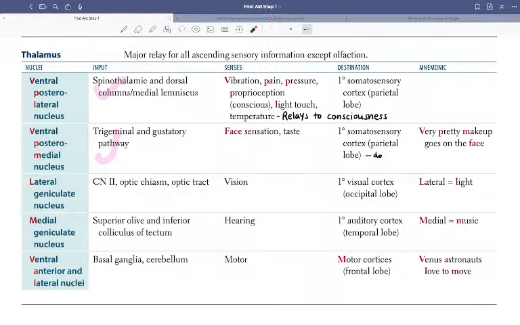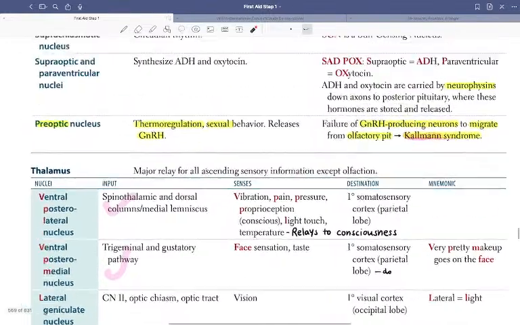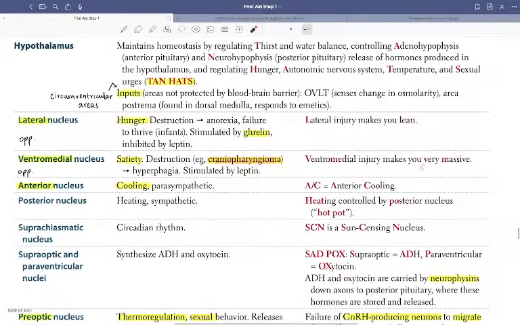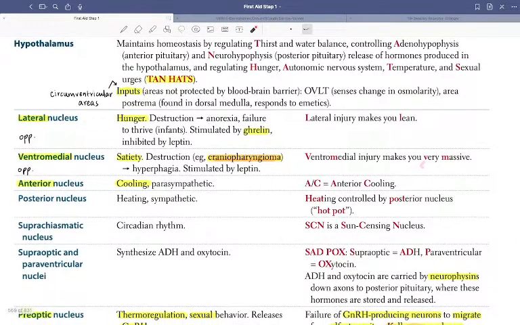So the sleep part that we did, and one more thing about the hypothalamus. We have ghrelin, leptin, all that we went through, right? And appetite, so that was pretty simple. Another thing is that the anterior nucleus is also for cooling of the body.